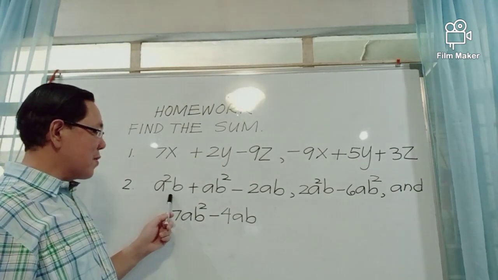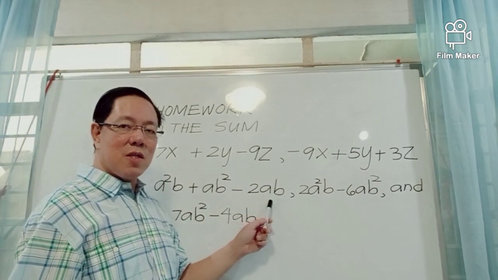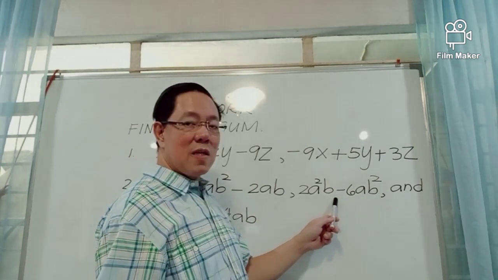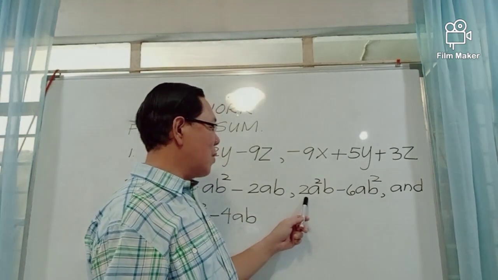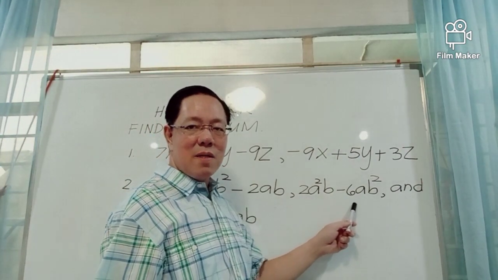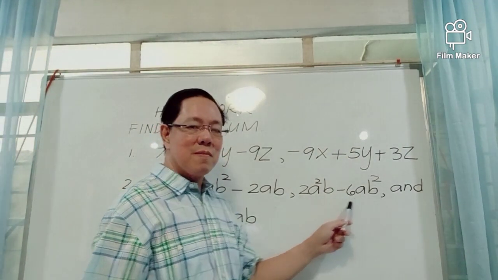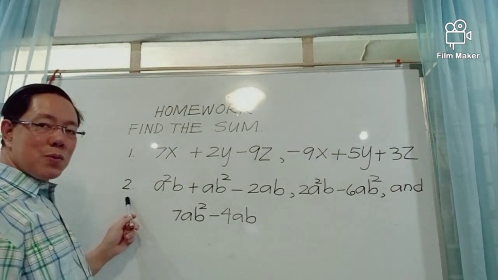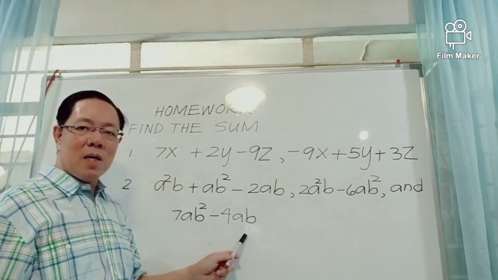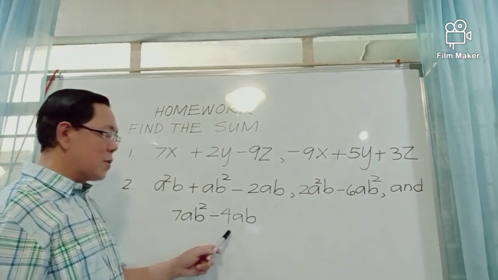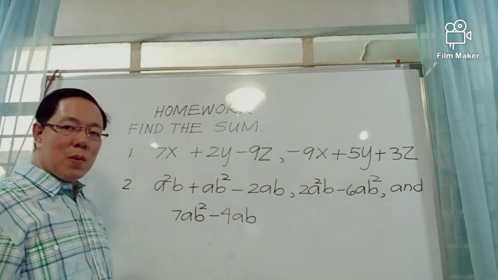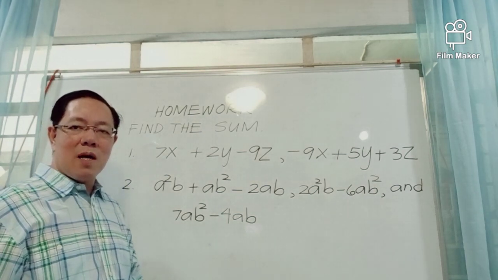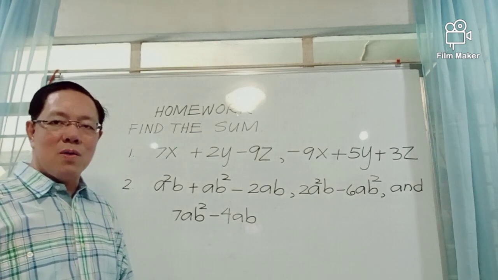You notice that the first given algebraic expression is a trinomial. And the second given algebraic expression is a binomial because it has two terms. And the third given algebraic expression in number 2 is also a binomial because it has two terms. For number 2, when using the horizontal addition, you make sure that like terms are in the same column.